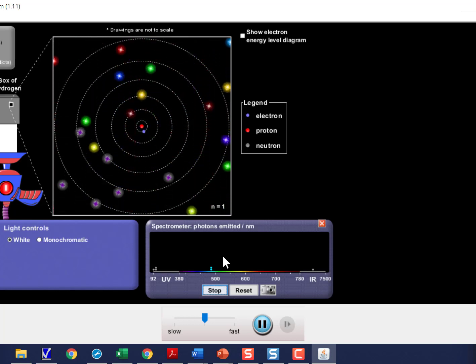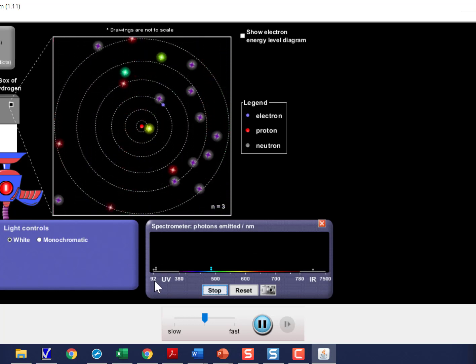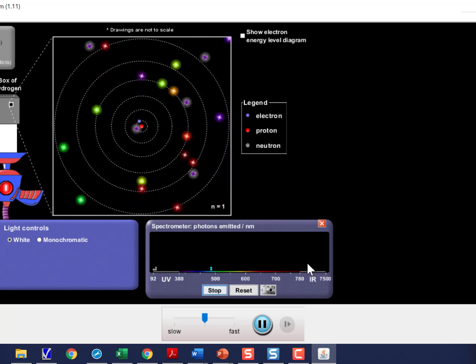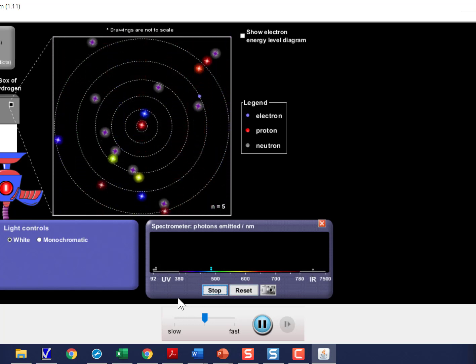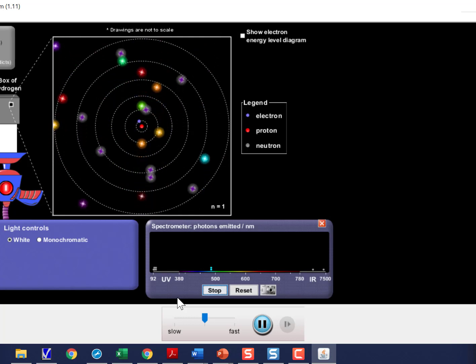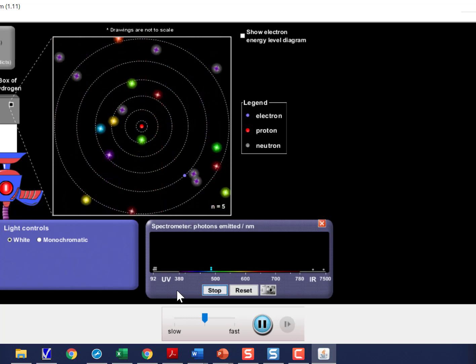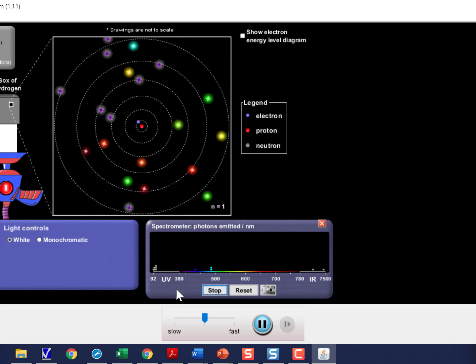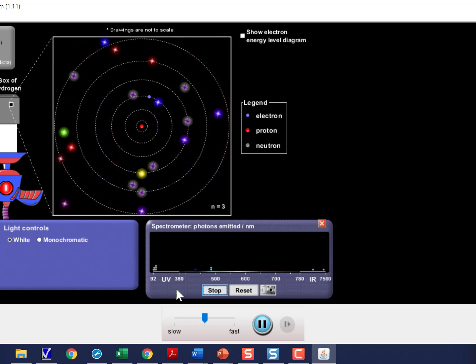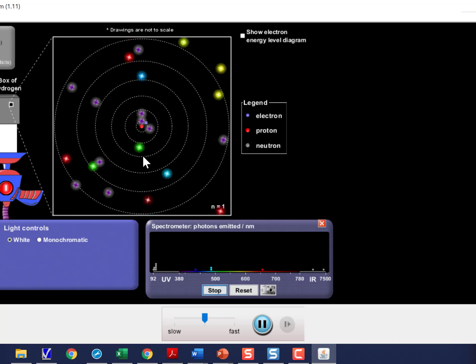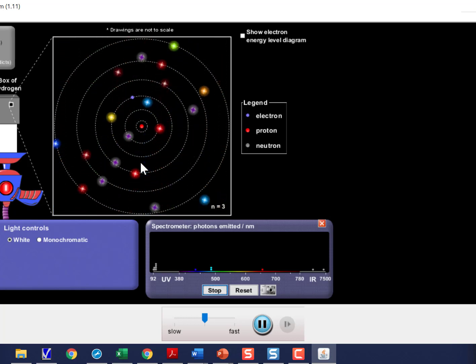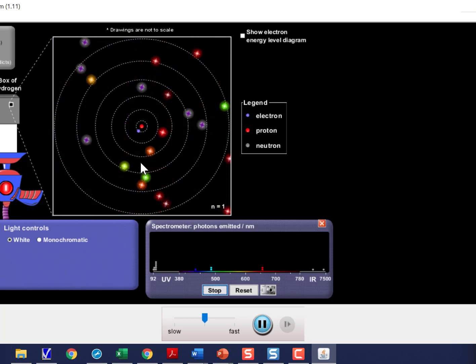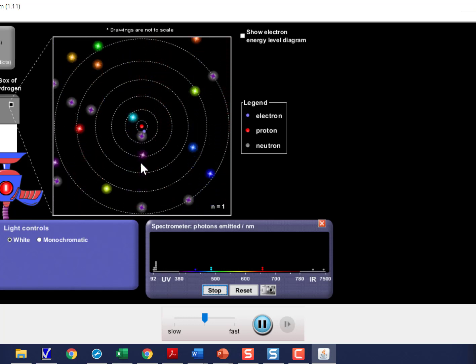Hey, that looks like the kind of spectrum we get. Bohr worked really well for hydrogen. But as soon as he tried helium, it didn't work. He knew it was wrong because he couldn't answer why there are levels. Because they only give off one kind of light, I know there are levels.